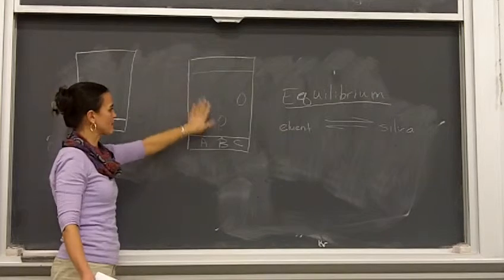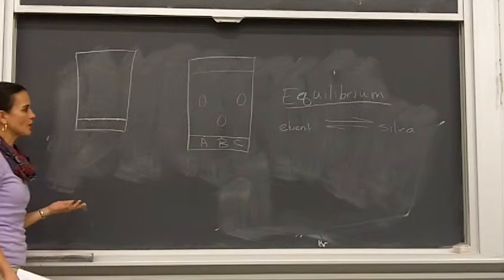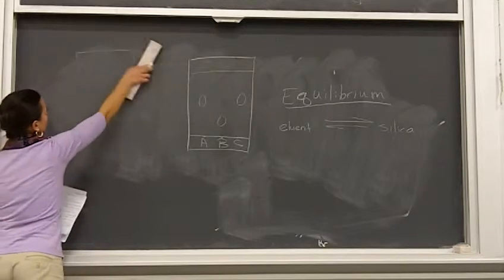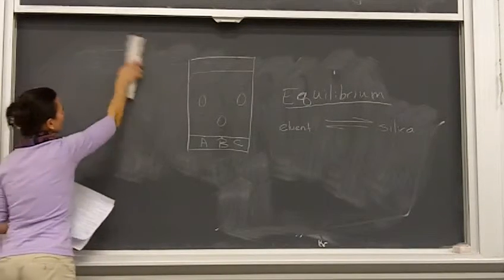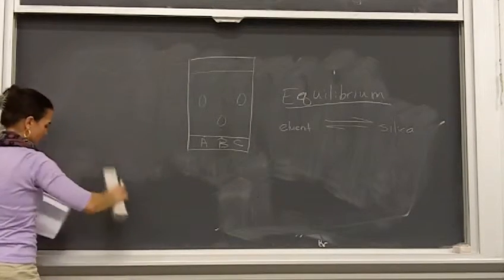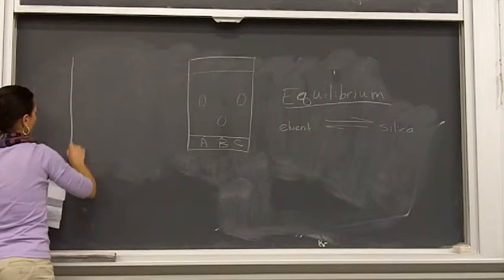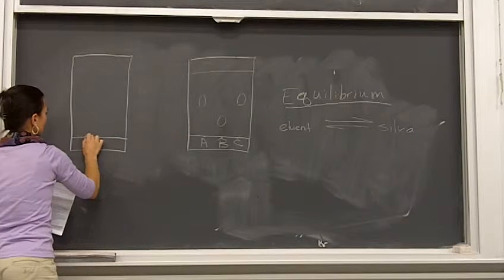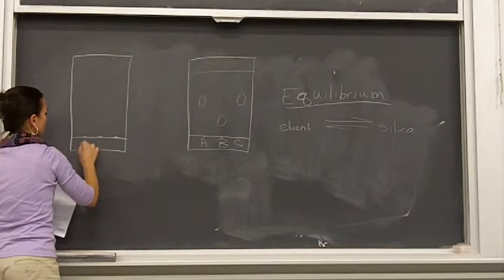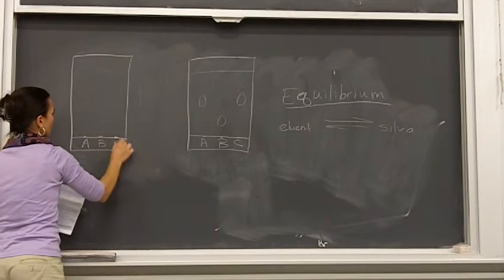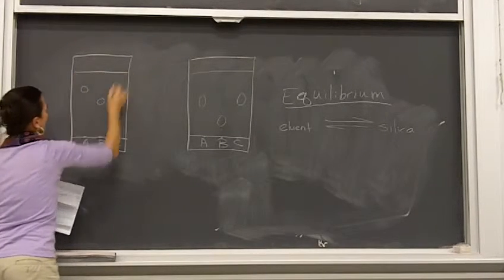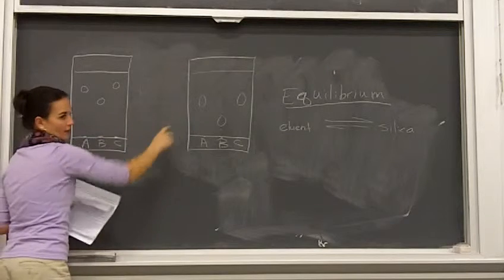So say we've got this plate here, and then we decided, you know what, we want everything to move farther up the plate when we develop it. So our goal is we want something like this instead of something like this.